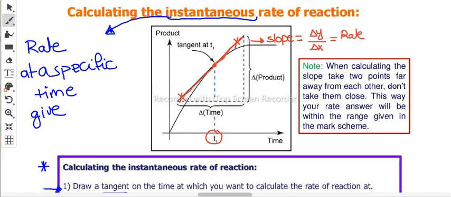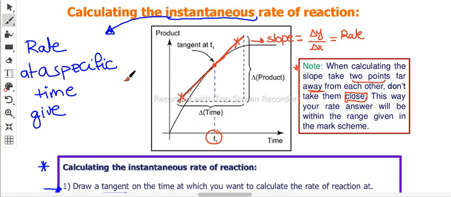Here I have a very important note as a study tip that will help you when applying calculations. When you want to calculate the slope, take 2 points which are far away from each other. Don't take them close. Try as much as possible to take them far away. This way, your rate answer will be within the range given in the mark scheme.